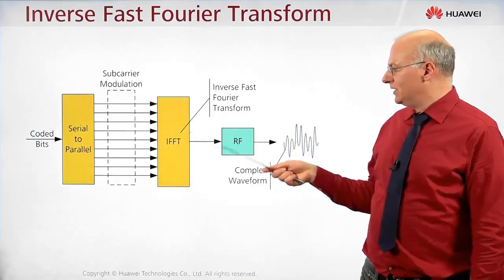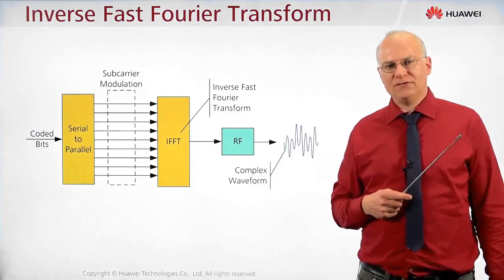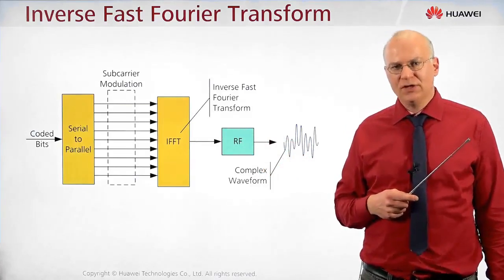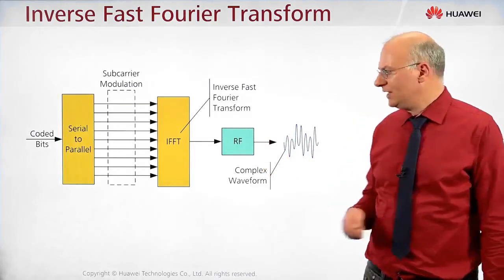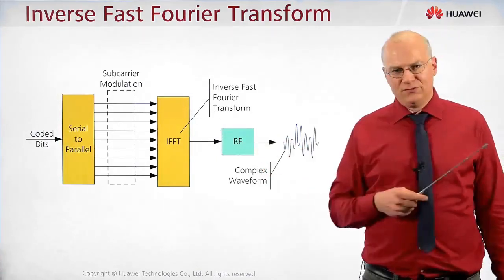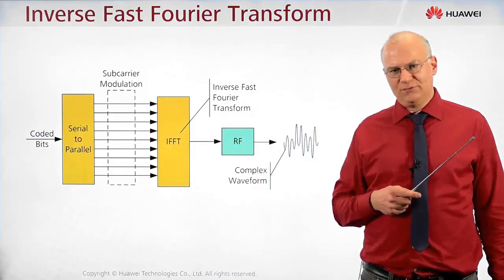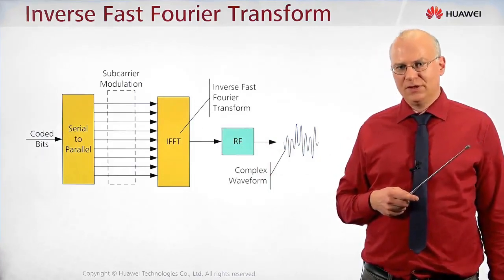And in the so-called inverse fast Fourier transformation, we produce the different subcarriers modulated with the different input information bits.